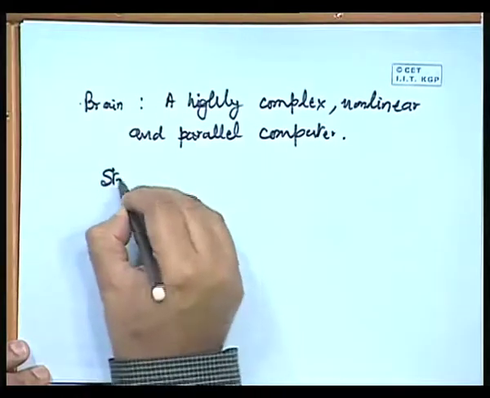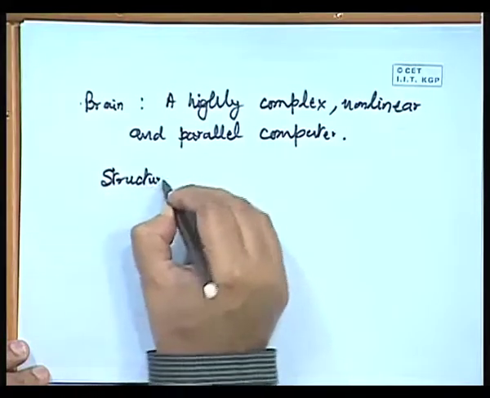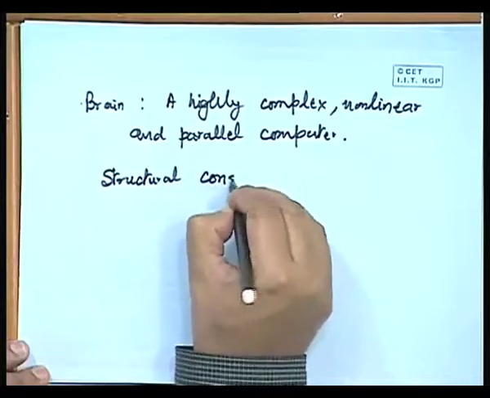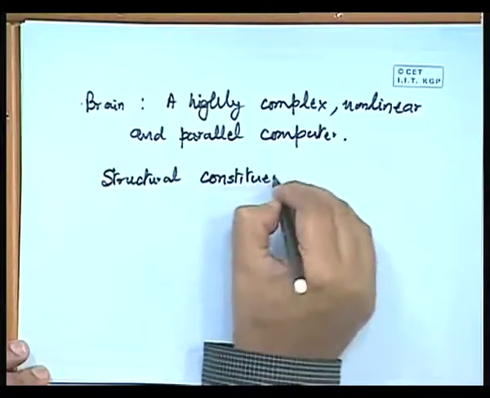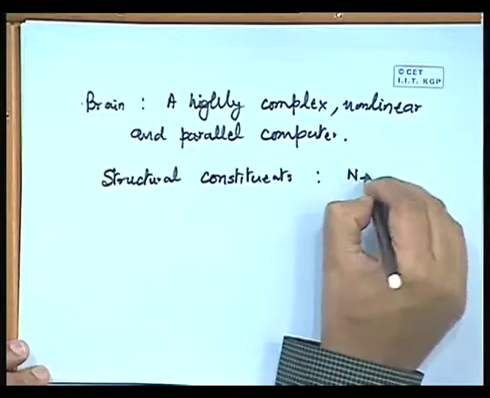The structural constituents of the human brain are known as neurons.